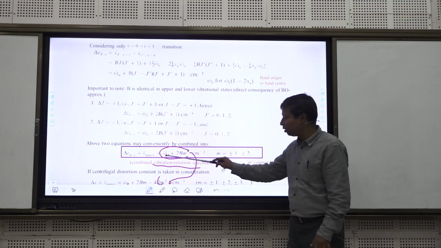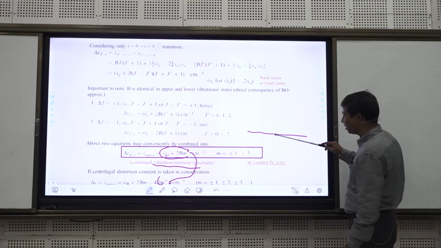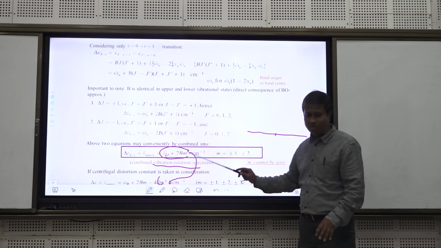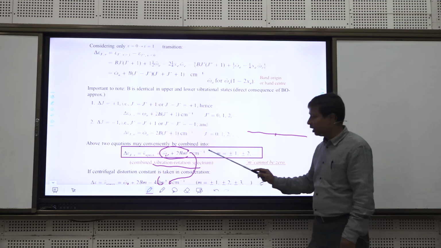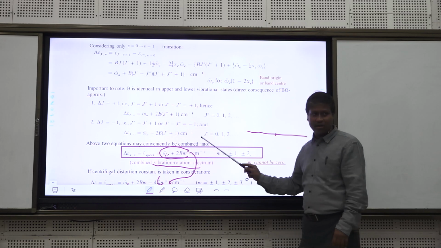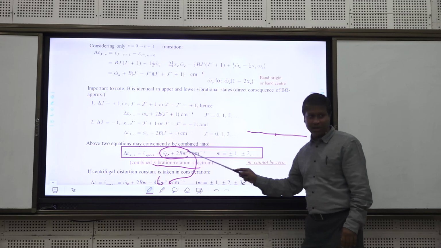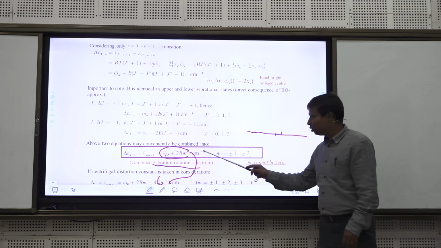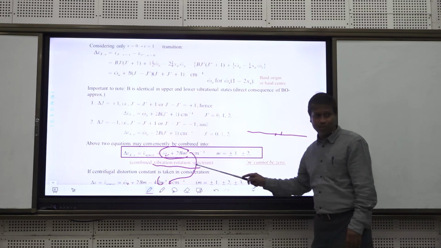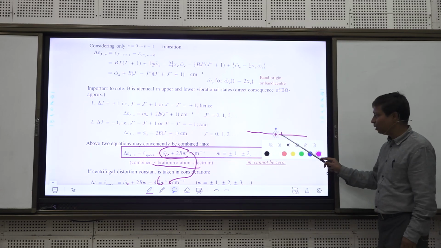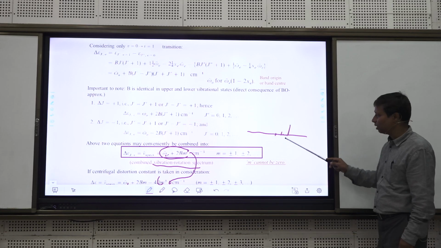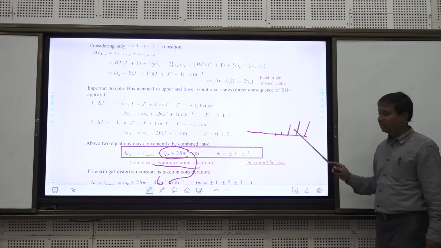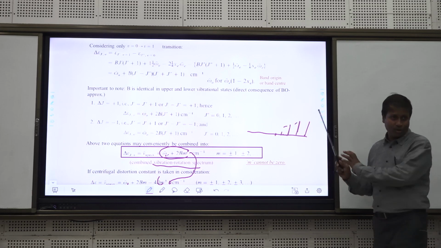How? This is the center position. Now m equal to 0 is not possible, so at the center there is no band. M equal to plus 1 gives omega 0 plus 2B, then omega 0 plus 4B, then omega 0 plus 6B, here. That means these lines are spaced 2B, 2B, 2B.